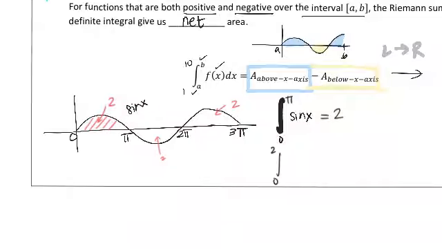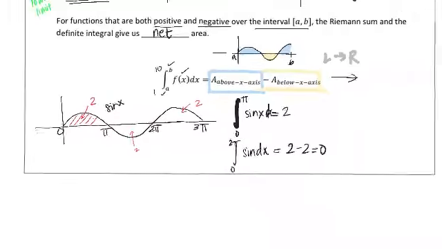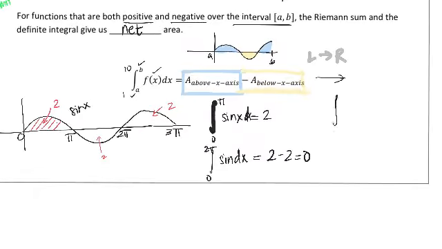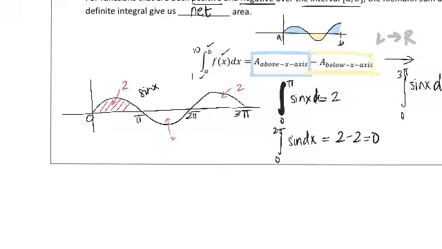The integral from 0 to 2 pi of sine x dx would be 0, because it would be 2 minus 2, or 0, okay? The integral from 0 to 3 pi of sine x dx would be 2 again, right? So that's the idea here with how we use net area, how the integral gives us net area.